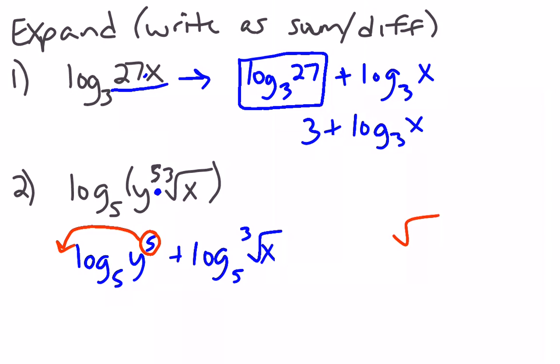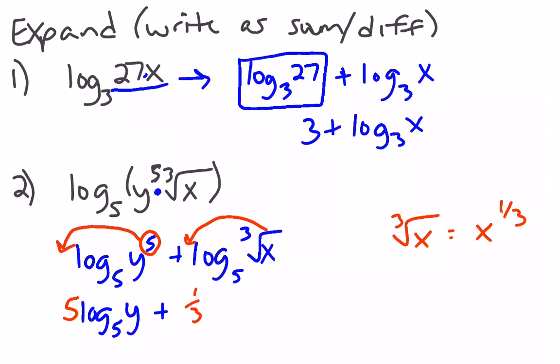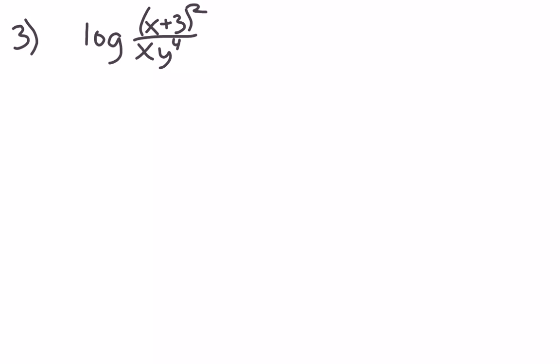Now you may not remember, but the cube root of x is the same thing as x to the 1/3. So when I bring that out front, I'm going to bring out a 1/3, because the cube root is 1/3, square root is 1/2. Those are some handy things to know. And I'm going to keep everything else the same. I don't have anything that I can evaluate in that one because all I have are variables. So we're going to move on with our life.